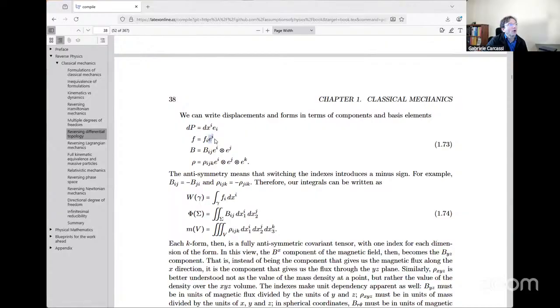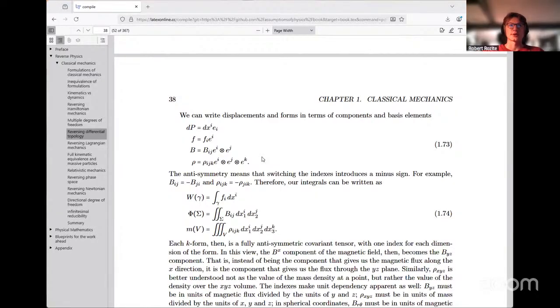So this only acts on 1 vector, this acts on 2 vectors, and this acts on 3 vectors. It's basically how it works. The anti-symmetry means that switching the indexes introduces a minus sign. For example, B_ij equals minus B_ji, and rho_ijk equals minus rho_jik.